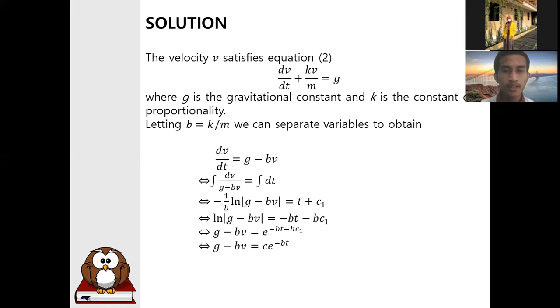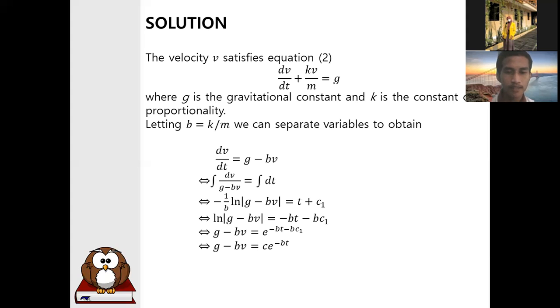Letting b equal to k over m, we can separate variables to obtain dv over dt equal to g minus bv. This is equivalent to dv over (g minus bv) equal to dt.